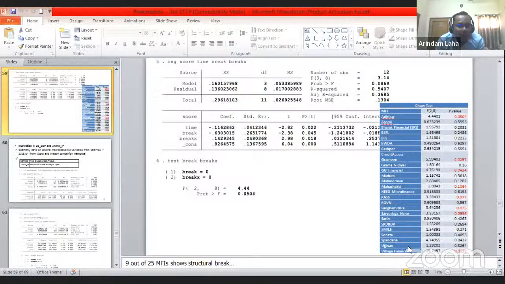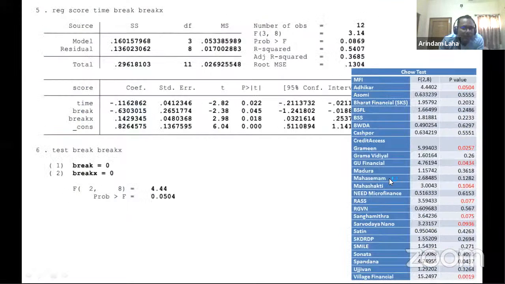Okay. So what we have done? This is the result for Adhikar microfinance only. I have written the F value, and this is the P. Similarly, I have done a similar kind of exercise for all other microfinance institutions. All together, we have 25 microfinance institutions.